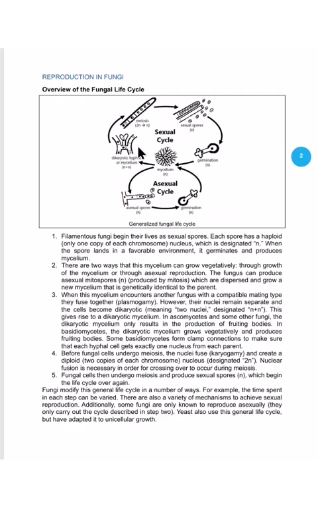There is no fusion between the two nuclei. That is why at this step we call it dikaryotic. That means it has two nuclei. And this is written as N plus N. It's not 2N. No, it is N plus N because there are two nuclei.